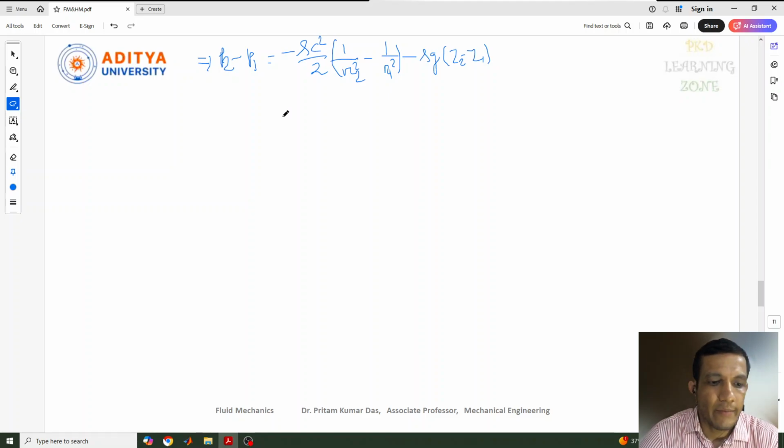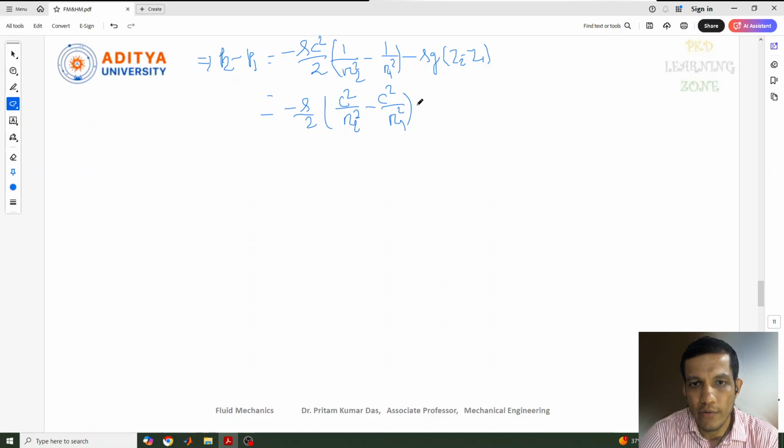Again, the same thing we can write here. This is 1 by R2. Now C I'll keep inside. So again minus rho by 2, and here c square by R2 square. In the previous step also I can write c square by R square, and one more step if you want, c square by R1 square minus rho g into Z2 minus Z1.